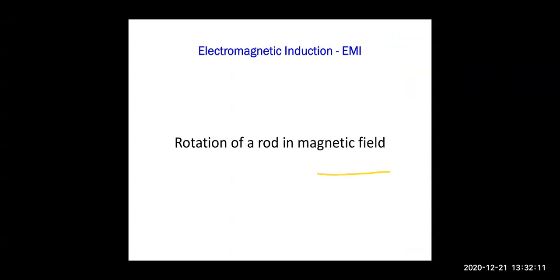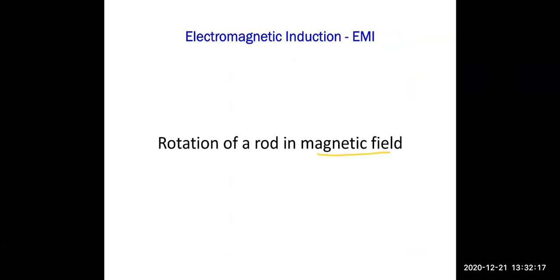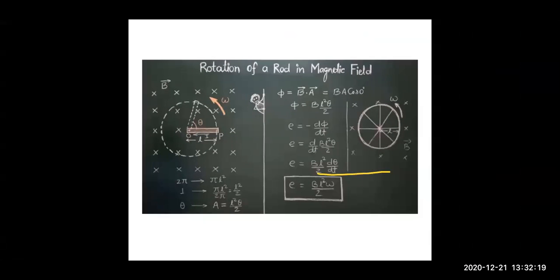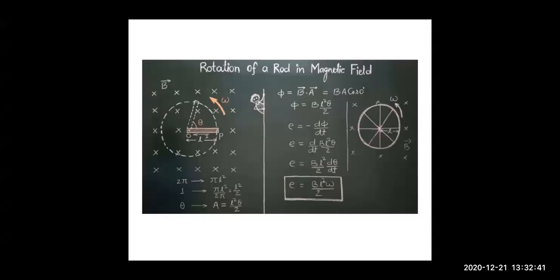Right, children? Now let's talk about the rotation of a rod in a magnetic field. If we rotate a conducting rod perpendicular to B, then what amount of induced EMF will be produced?